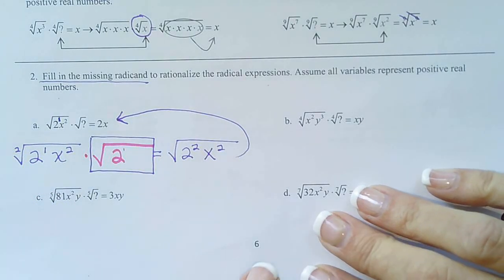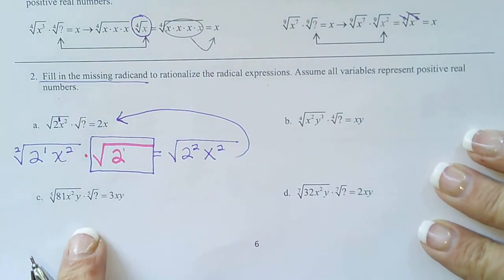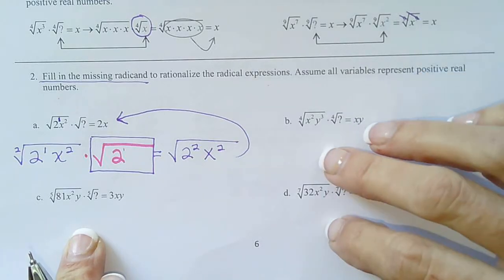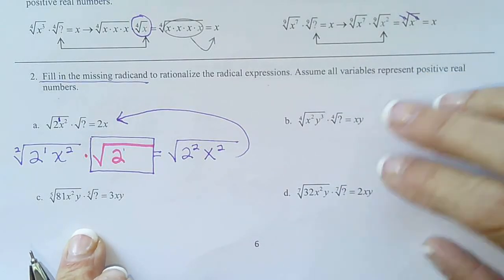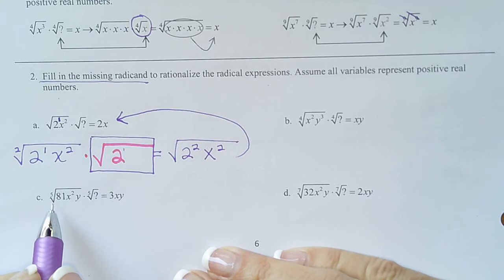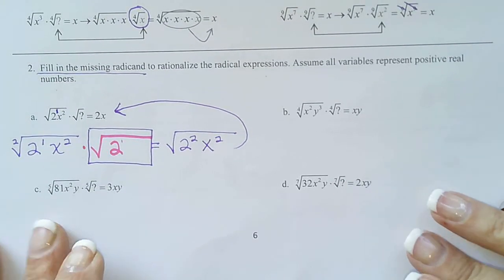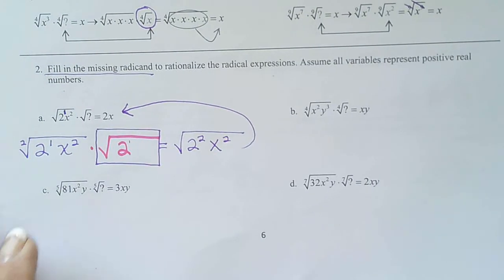Okay, let's do one more and then I'll let you guys practice on some. Let's do C, and then you can practice on B and D on your own. So 5th root of 81. Well, the first thing I look at is I go, oh, whoa, 81. That can be broken down. I'm not going to add in 4 more 81s.